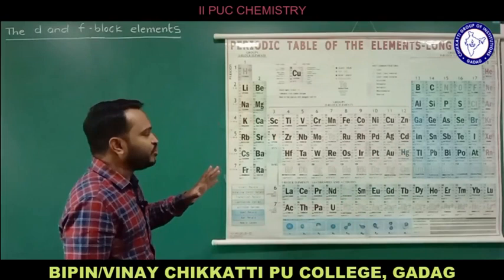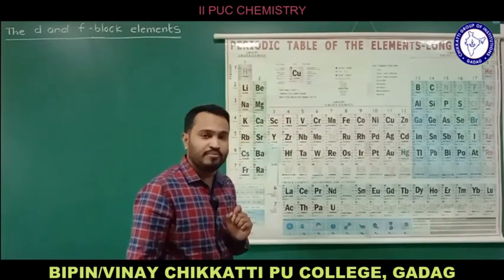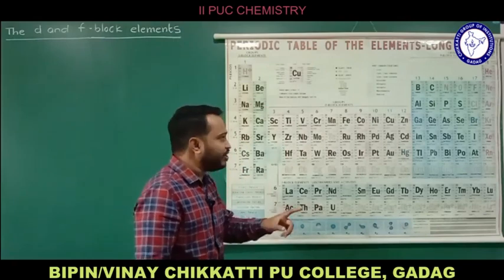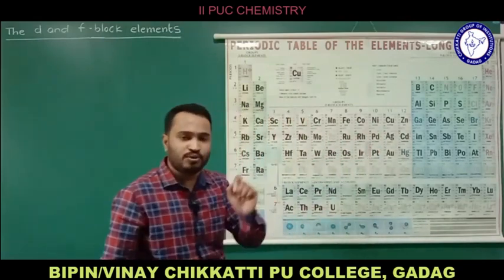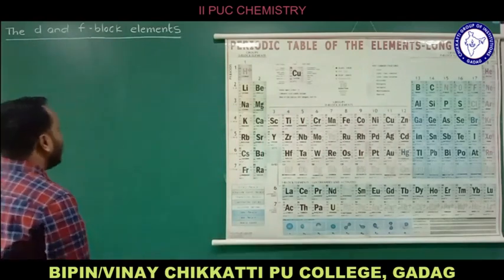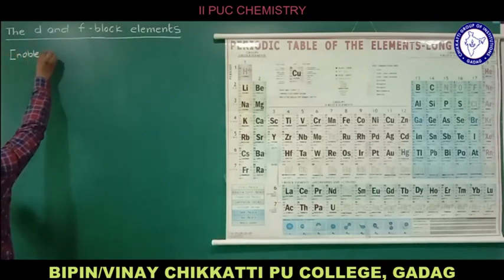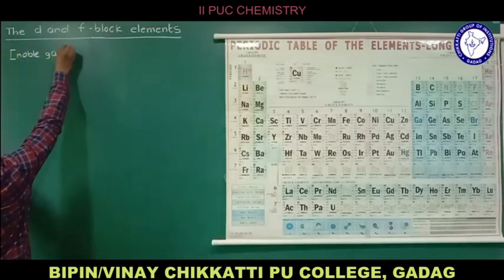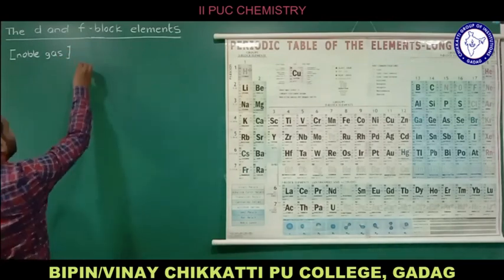Now I am going to talk about the electronic configuration of d block elements, and in particular the electronic configuration of the elements which belong to the 3d series. The general electronic configuration of a d block element, as we know, is written considering the nearest noble gas.